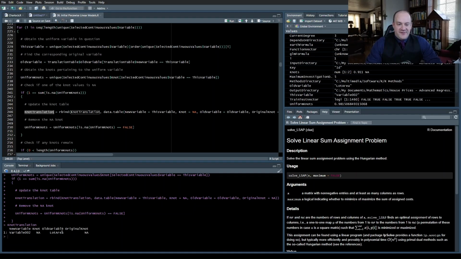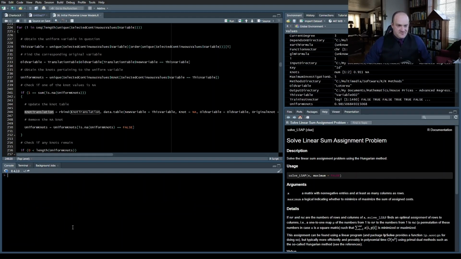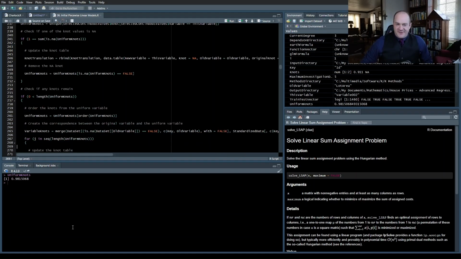What is this variable? It's lot area. So what is the meaning of the knot? Well, this entered in linearly, so this should enter in linearly. All right. And now we've removed the NA knot. We're going to see if any more remain, which indeed they do.